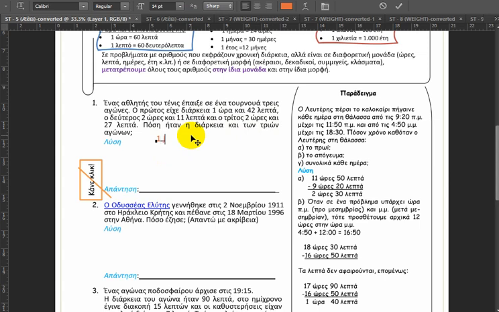So since it's asking for the total, we need to add all that up. So we're going to do 1 hour and 42 minutes plus 2 hours and 11 minutes, and then 2 hours, 27 minutes.